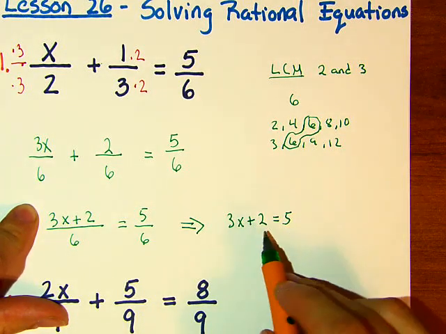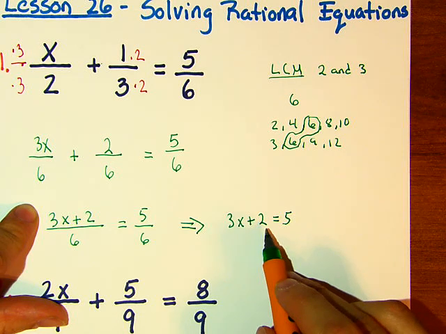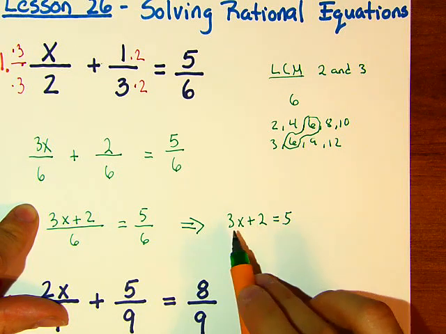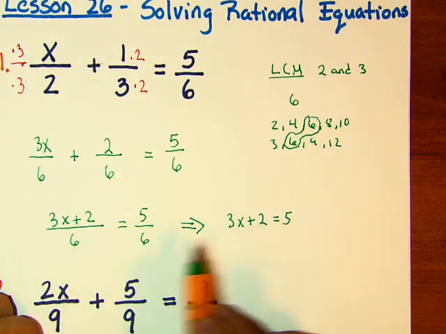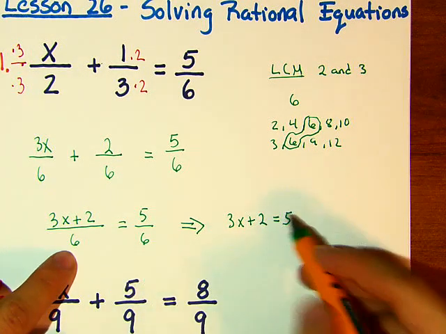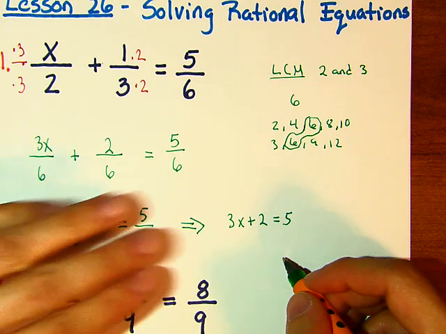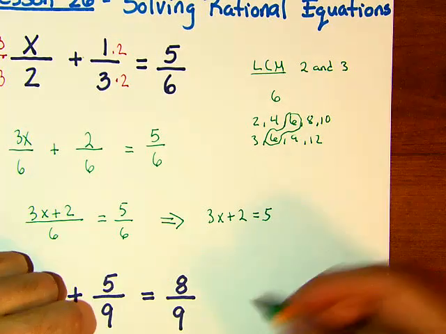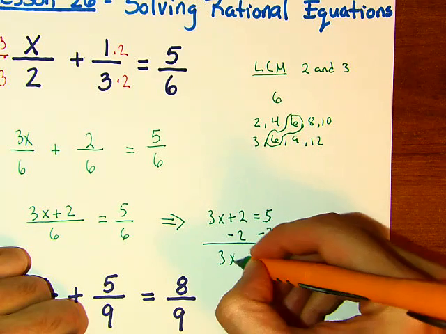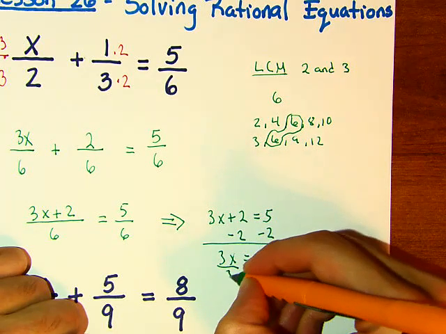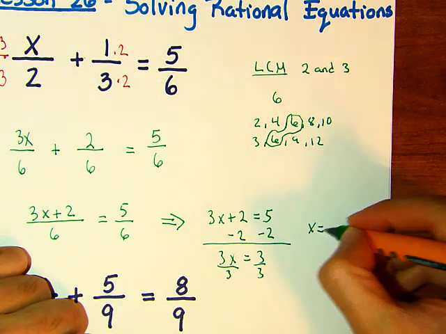If this confuses you, just stop for a second, raise your hand, and I can explain this more to you. But you're allowed to say this because the denominators are the same. So now that 3x plus 2 is equal to 5, this you know how to solve with your eyes closed. You just do minus 2, 3x is equal to 3, divide by 3, x equals 1.